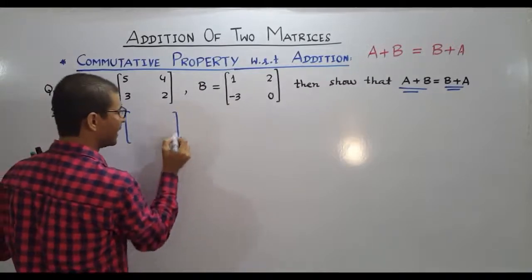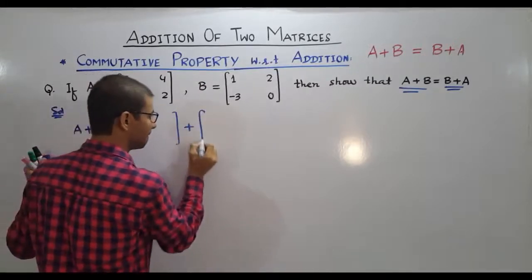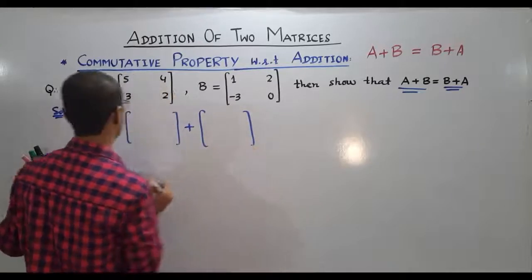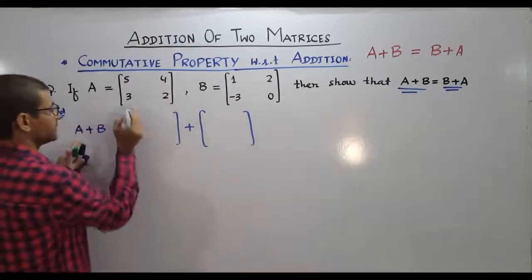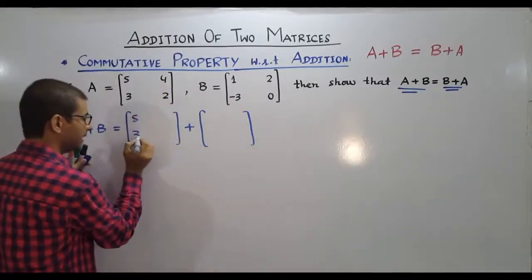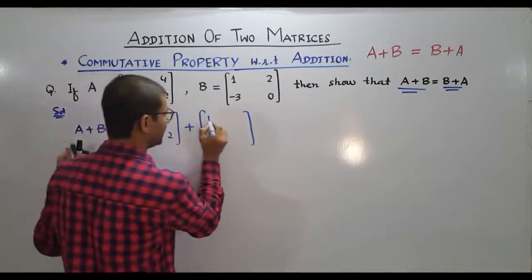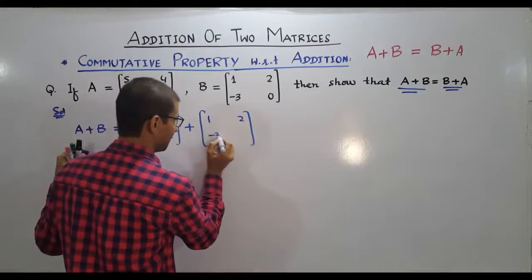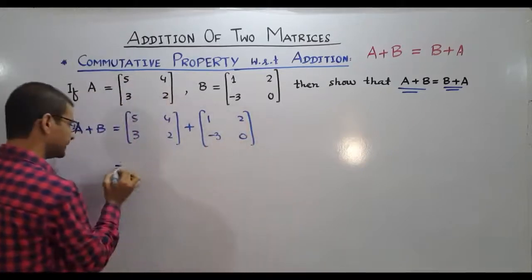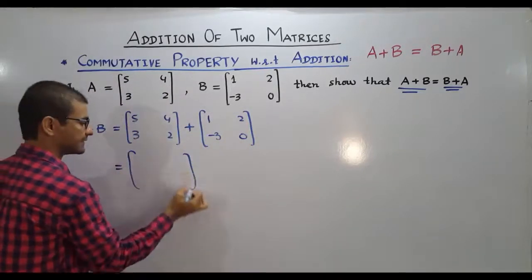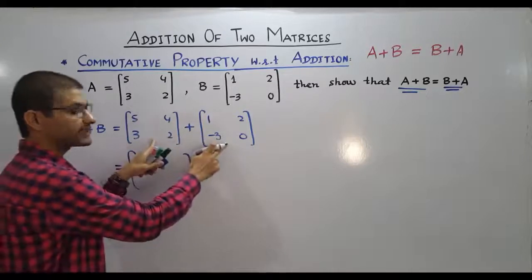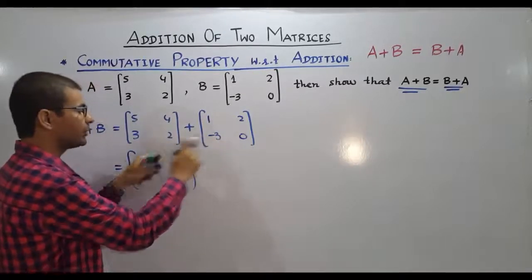First evaluate A plus B, means we have to add A plus B. First write A, then write B. Now add these two matrices. As order of both the matrices is same, so we can add.